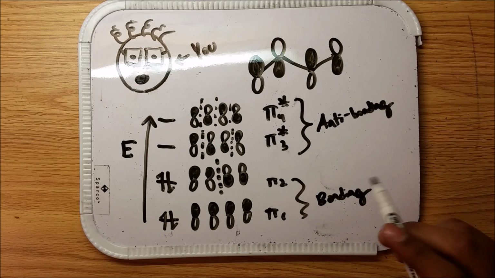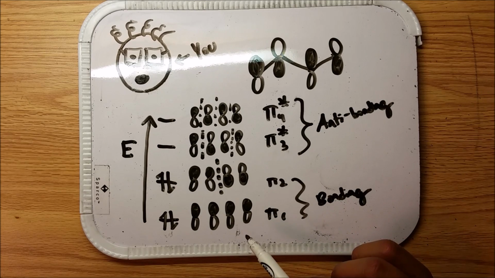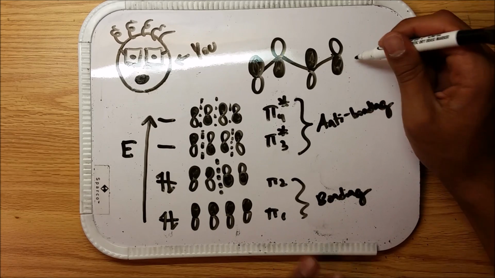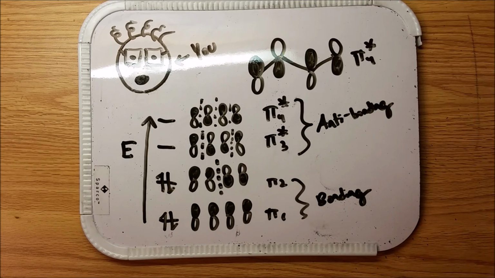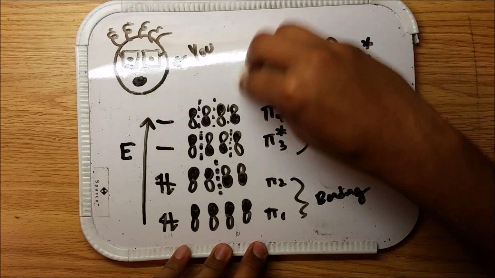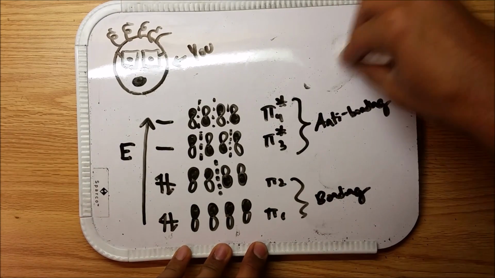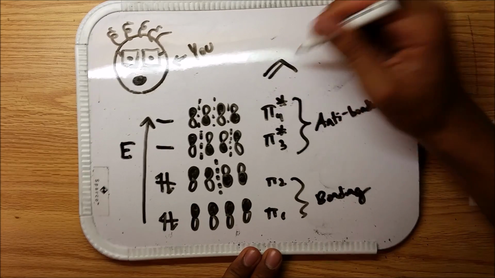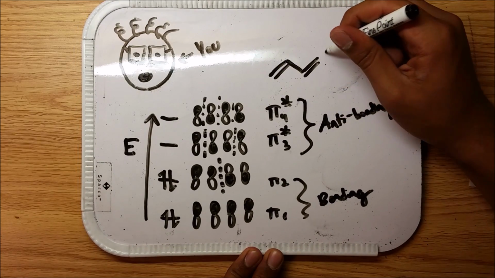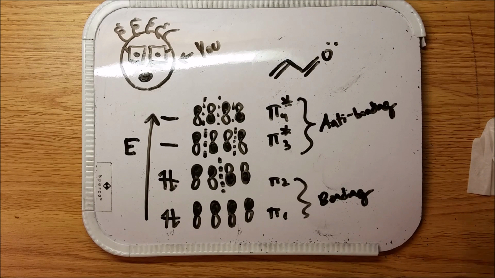So we understand how to take this molecular orbital diagram and apply it to a molecule. But don't rush into those MCATs yet. There are still some things we need to understand. So, for example, say we had a molecule with the same conjugated pi system, but there was an oxygen that had a non-bonding pair.